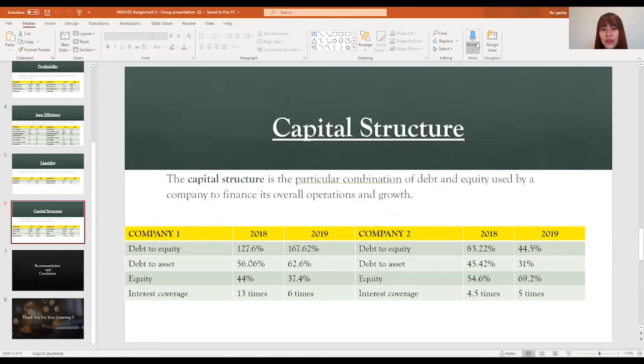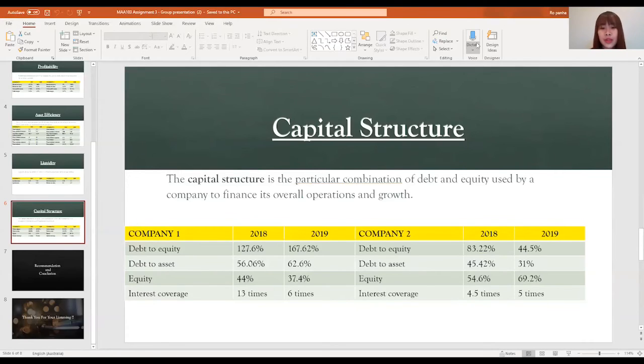And company 2 has some risk of not being able to pay the debt. But by looking at company 1, the debt to equity ratio in 2018 is 127.6%. It means that the debt to equity ratio of company 1 is much higher than company 2.